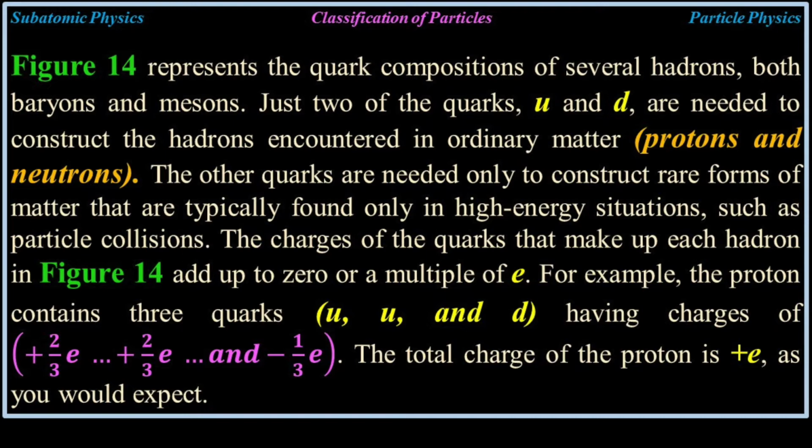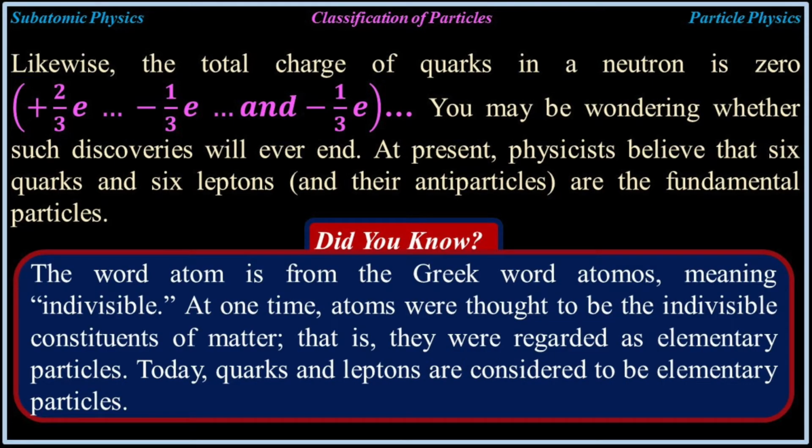The total charge of the proton is plus e, as you would expect. Likewise, the total charge of quarks in a neutron is 0: plus 2/3 e, minus 1/3 e, and minus 1/3 e. You may be wondering whether such discoveries will ever end.